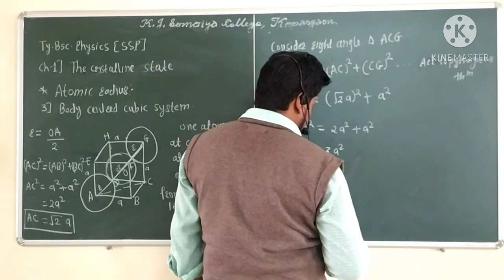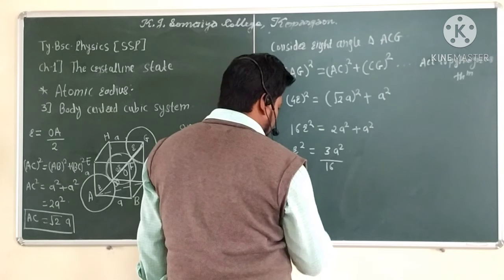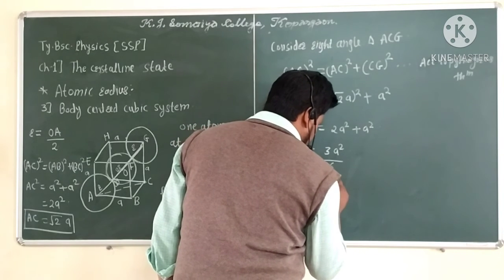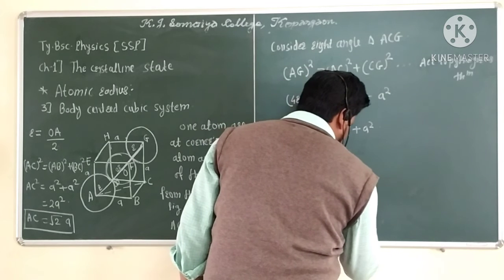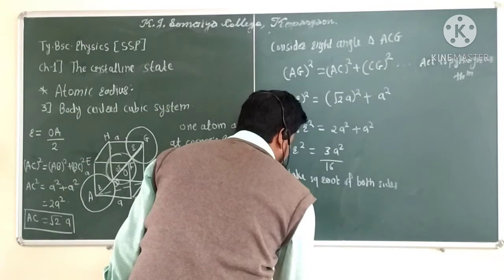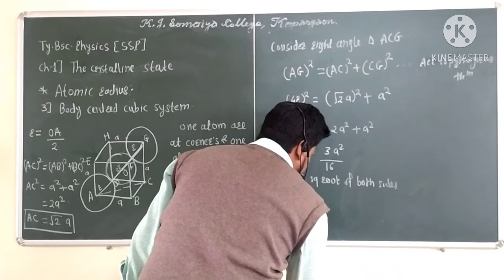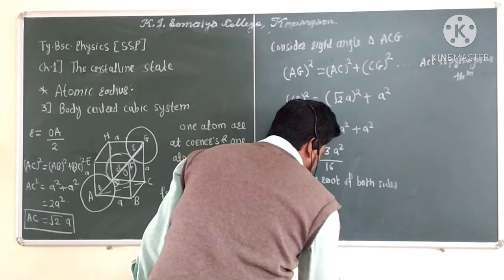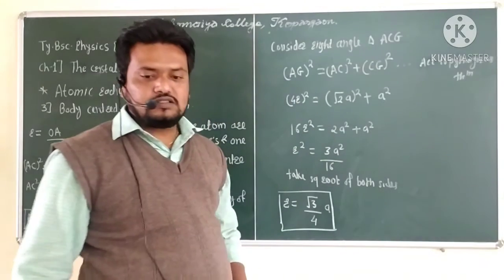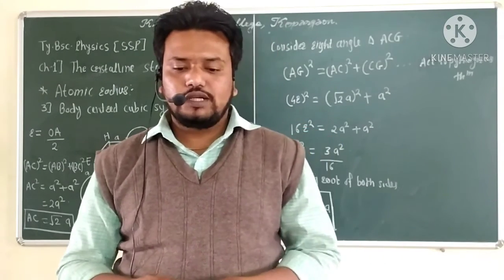Taking the square root of both sides, R is equal to square root of 3 divided by 4 into A. So the atomic radius of this BCC structure is square root of 3 by 4 into A.